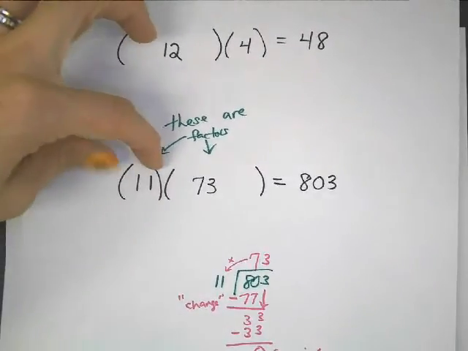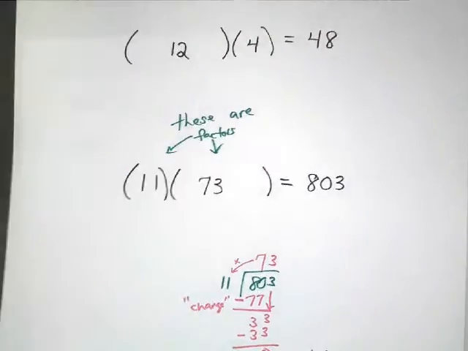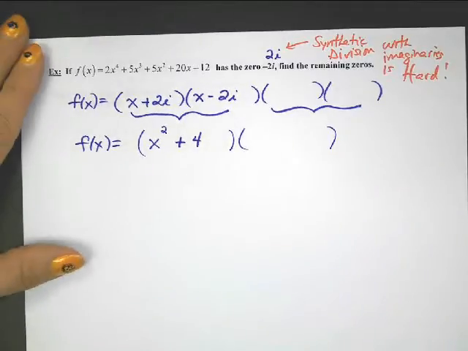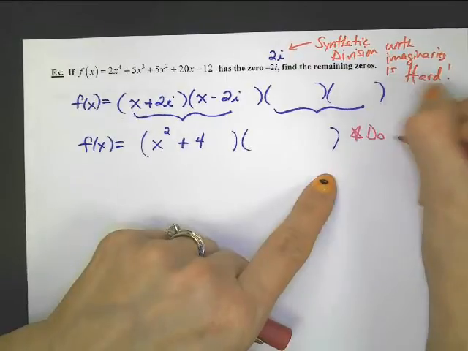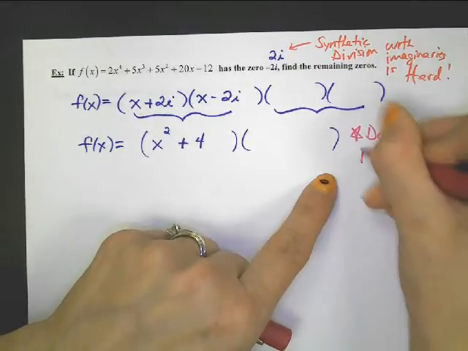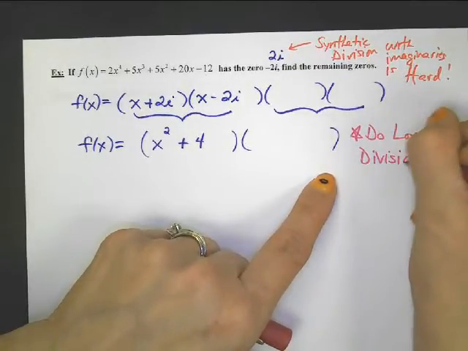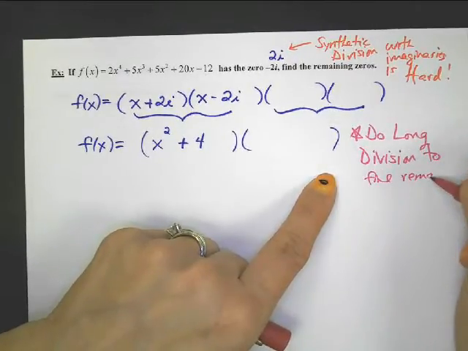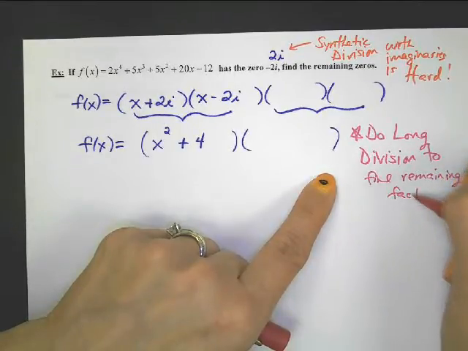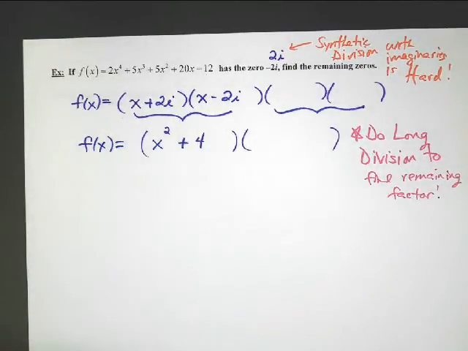If you know one of the factors, that's right. You do long division to find the remaining factor.